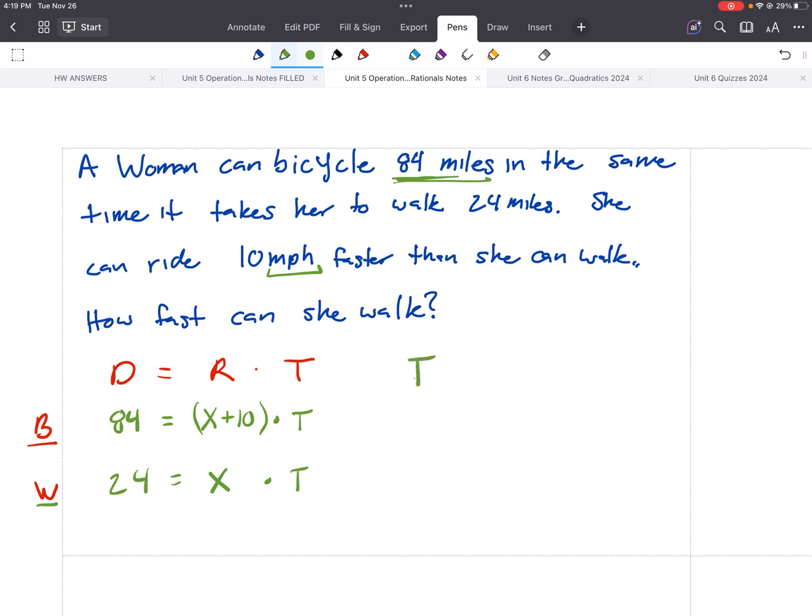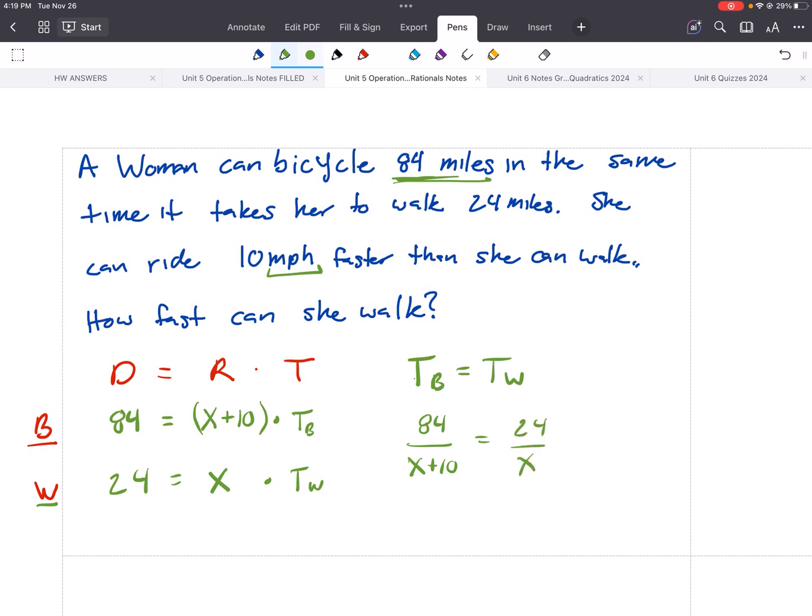So the time for bicycling is the same as the time for walking. So we can just solve for those things. So for the time for bicycling, that is just going to be 84 over x plus 10. And then the time for walking is going to be 24 over x.